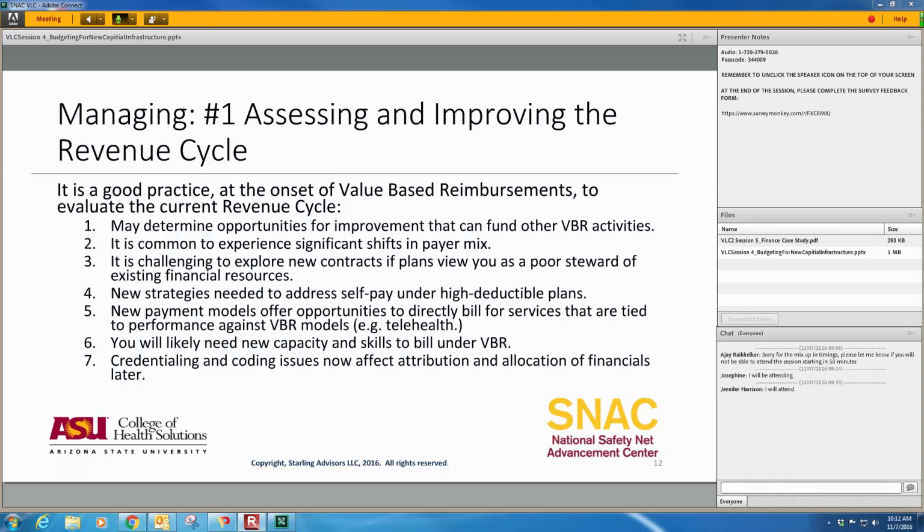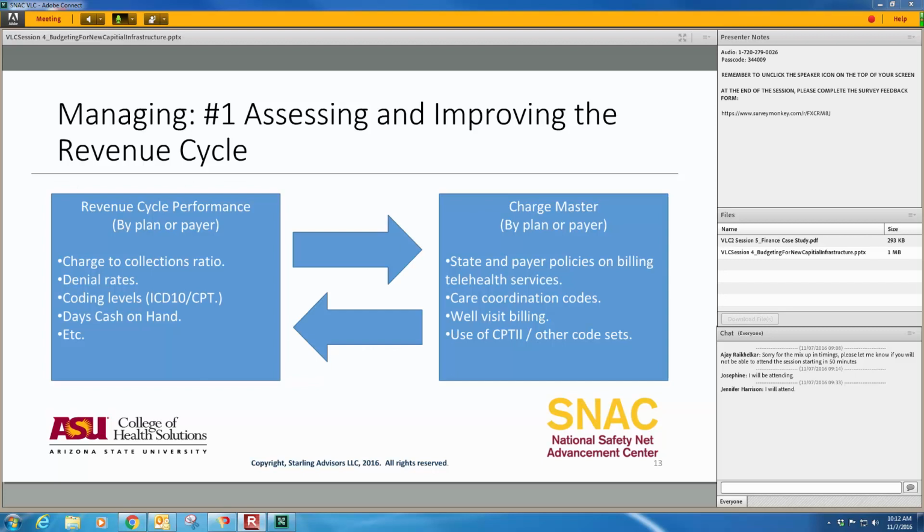So if you're not coding and billing correctly now, that could actually impact which patients get assigned to you later, which impacts your total potential under value-based reimbursement. So for a lot of reasons, we really think getting started financially in these models means getting back to basics around the revenue cycle.